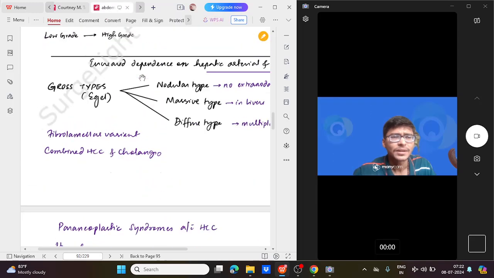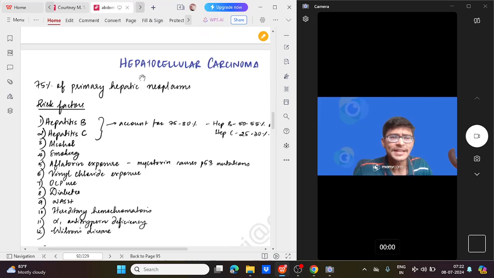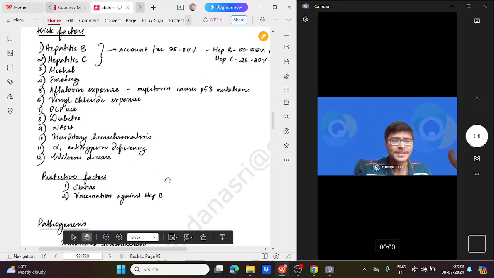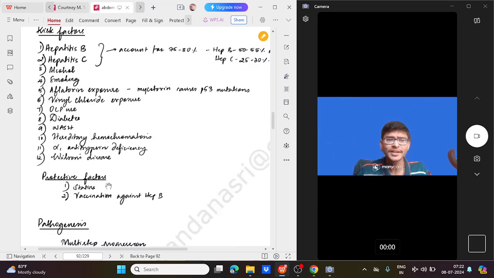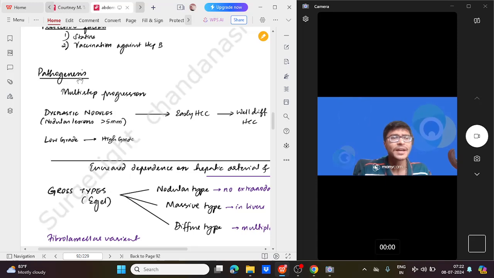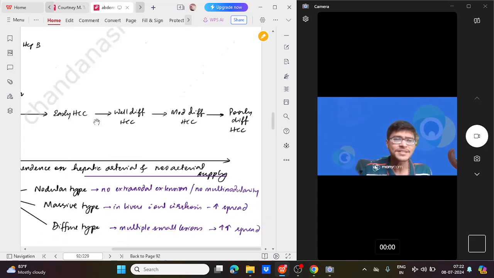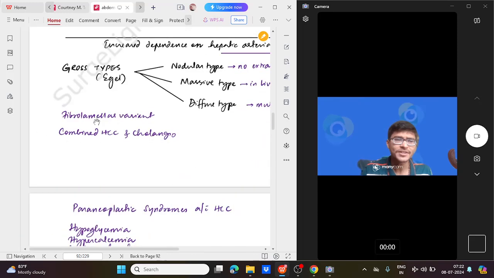So HCC is the 5th most common malignancy in the world, and risk factors being hepatitis B, C, alcohol, smoking, and OCP, vinyl chloride, aflatoxin, which are the environmental factors, and some metabolic factors like hereditary hemochromatosis, alpha-1 antitrypsin, Wilson's disease. Protective factors will be statin, vaccination. Pathogenesis will be from low grade to high grade, and dysplastic nodule to the poorly differentiated HCC.